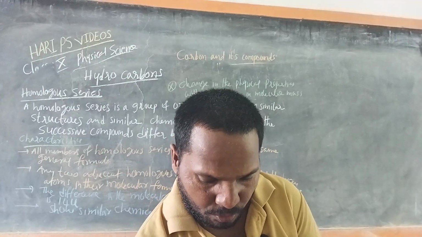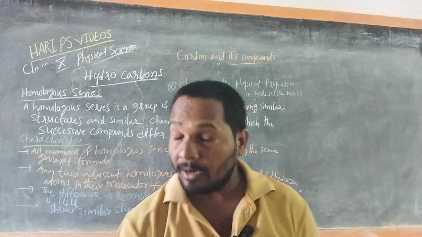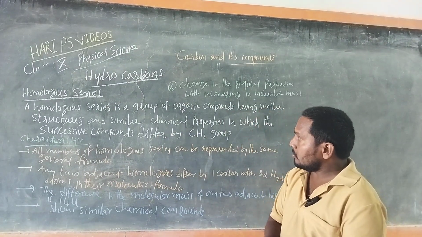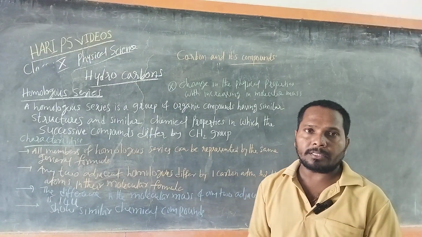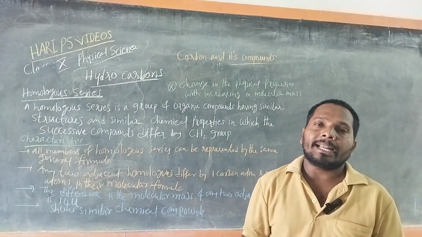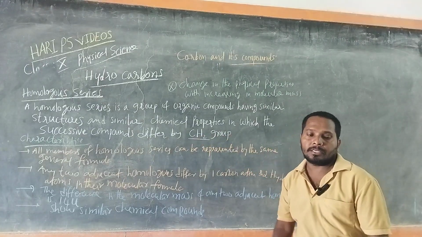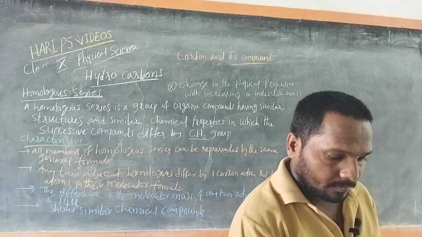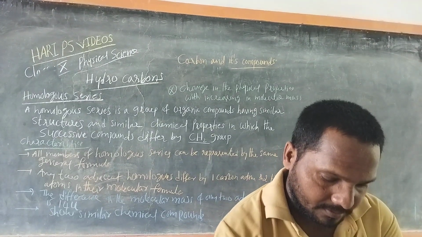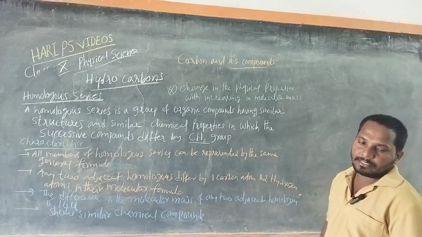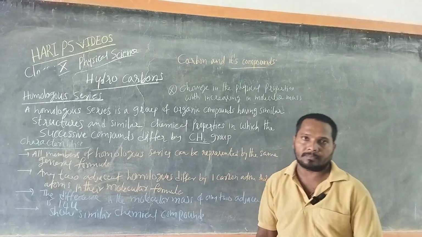Same kind of compounds, same kind of structures, same chemical properties, but each compound differs by a CH2 group, right? Before that, let us understand the characteristics of homologous series.